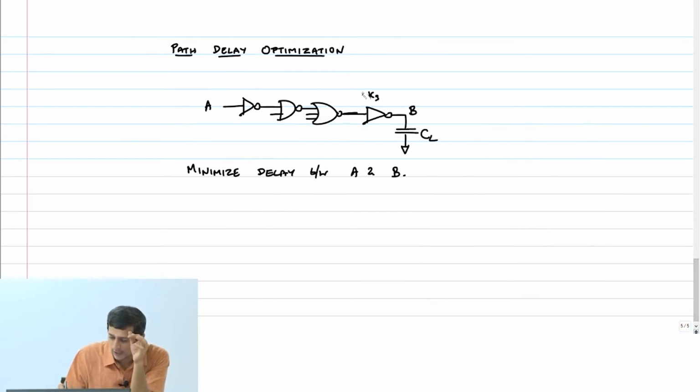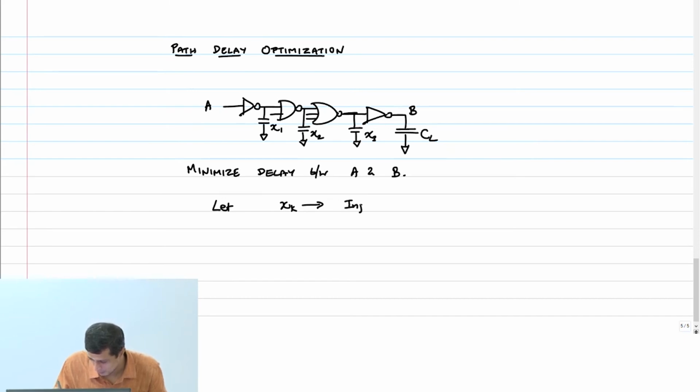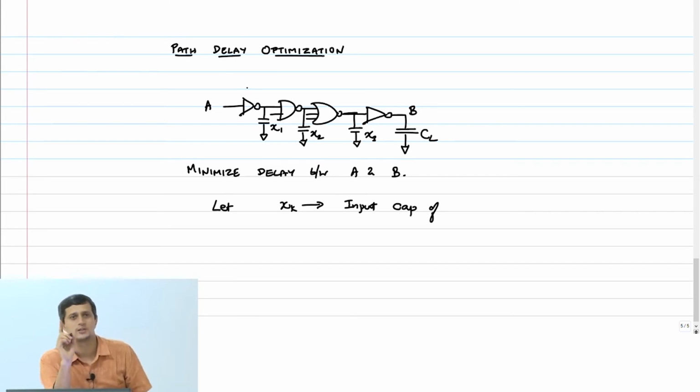So instead of choosing the drive strength as my variables, I am going to choose the capacitance here. Load capacitance X1, this capacitance X2 and this capacitance X3 as my variable. Okay, so let Xk be the input cap, and of course I need to assume that the first gate size is known.